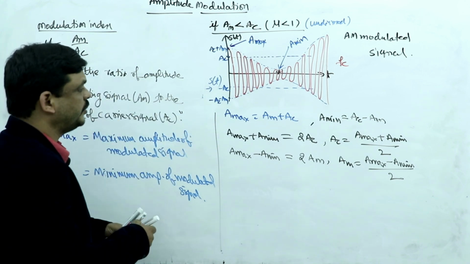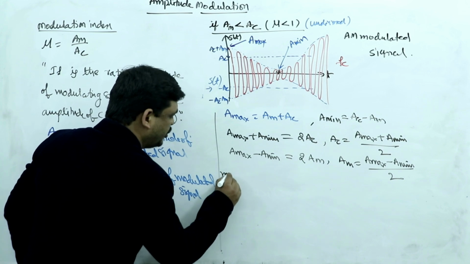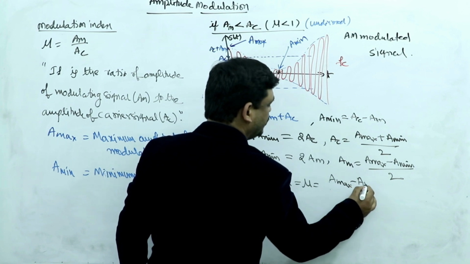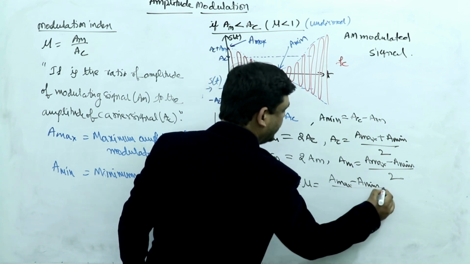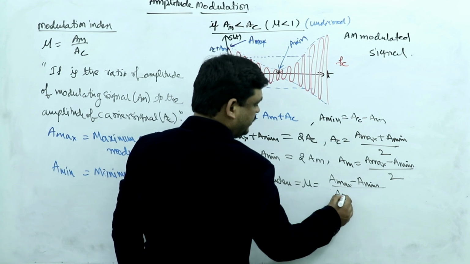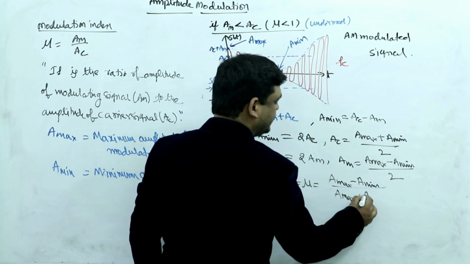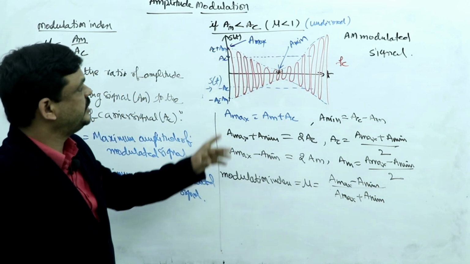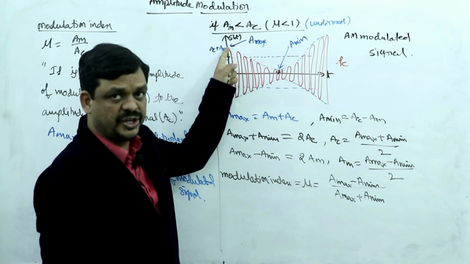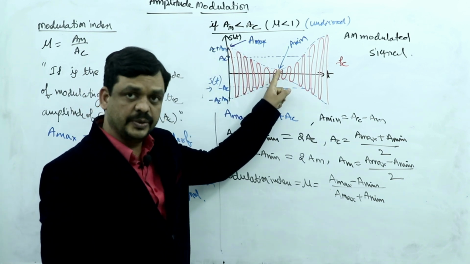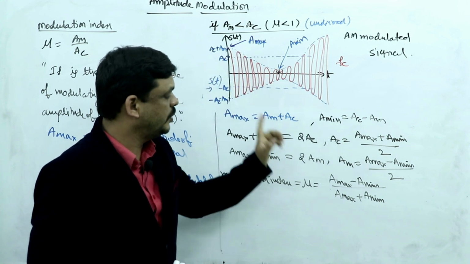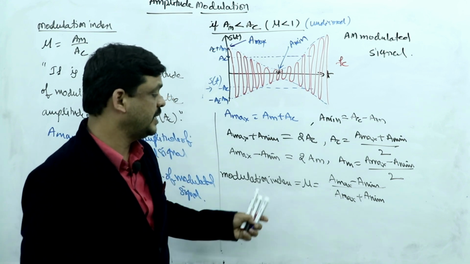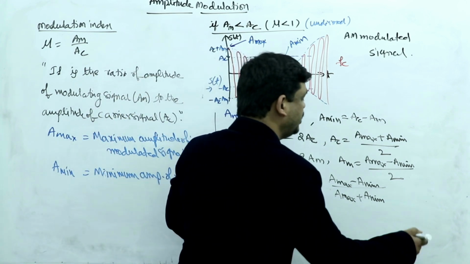If you find this ratio, finally it gives this equation: maximum amplitude minus minimum amplitude by maximum amplitude plus minimum amplitude, that is A max minus A minimum by A max plus A minimum. This is another standard equation. You have to remember these two equations.